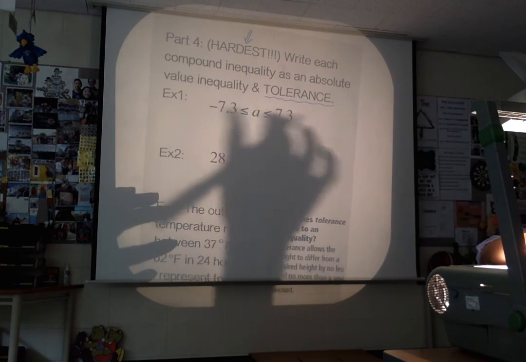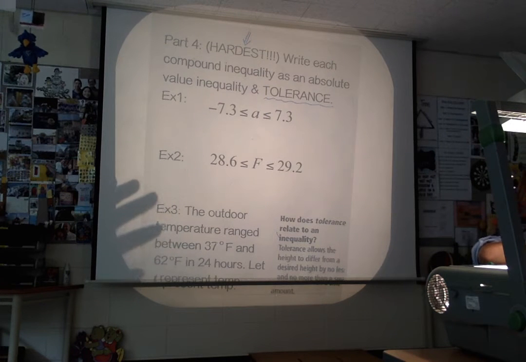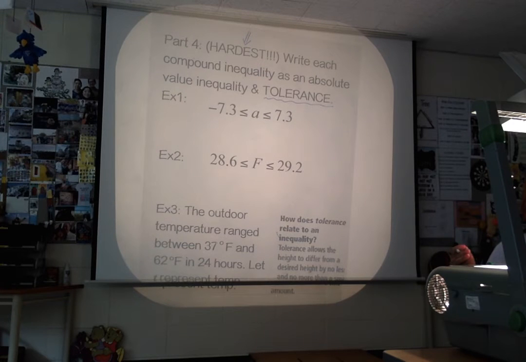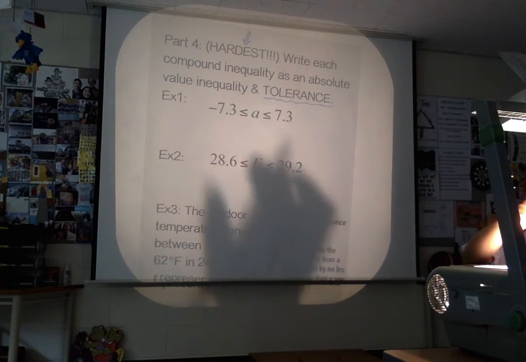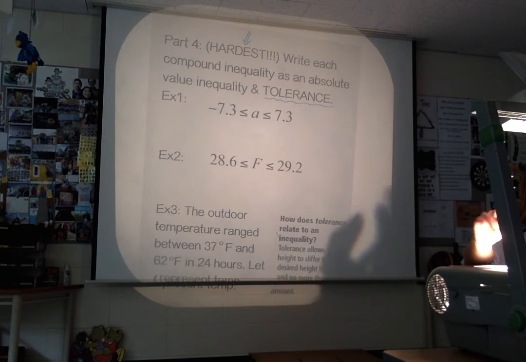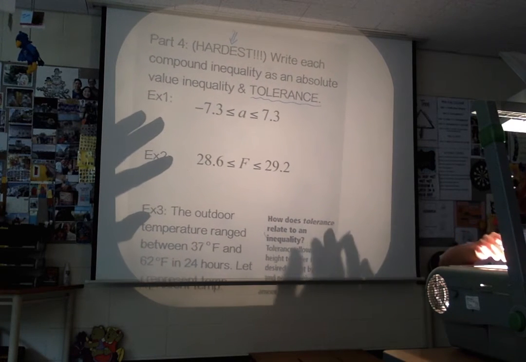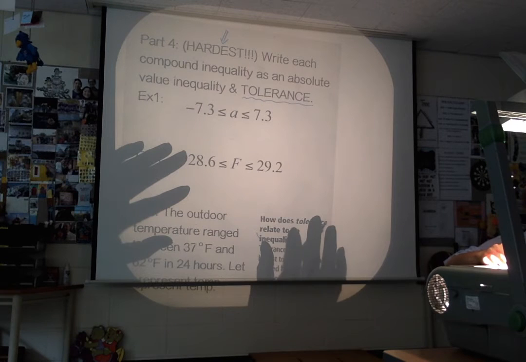So you guys, we see an inequality right now, okay? And they want us to write an absolute value. So we did it earlier as they gave you a graph and you wrote an inequality. But now we're going to write the absolute value according to the inequality that you see. And your book calls it tolerance, but I'll explain what tolerance is later, okay? But you know what it's like, you guys? This is a little side note, okay?